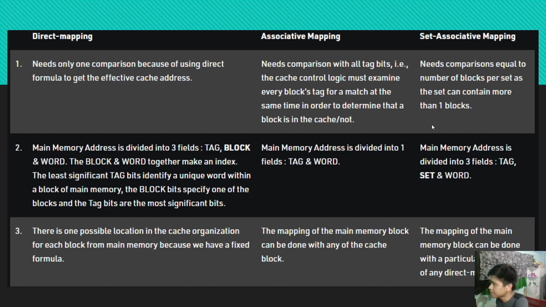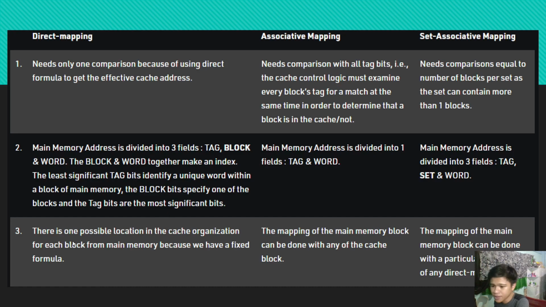And then for the set associative mapping, the main memory address is divided into 3 fields also. It is now the combination of this one and this one, or actually it's just similar to your direct mapping. We have the tag, but instead of block in here, it's called set, and then similar with word.